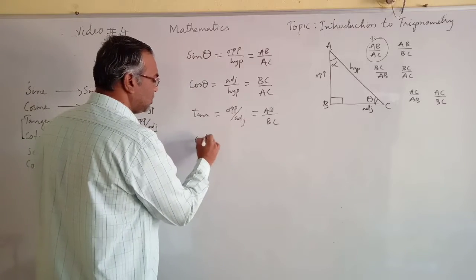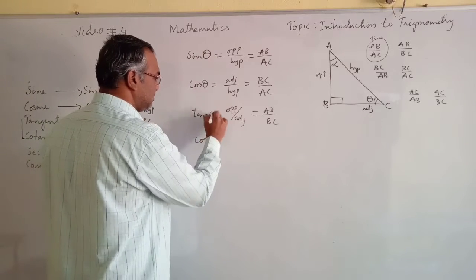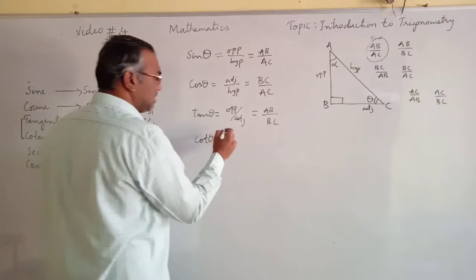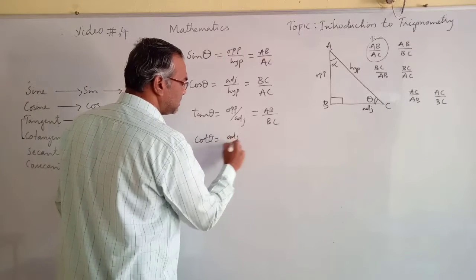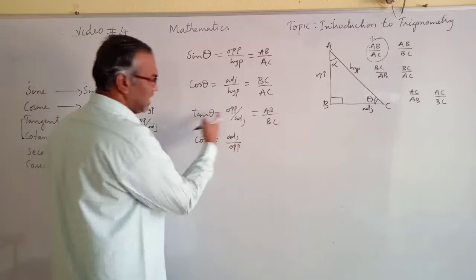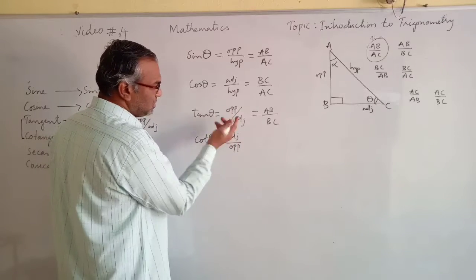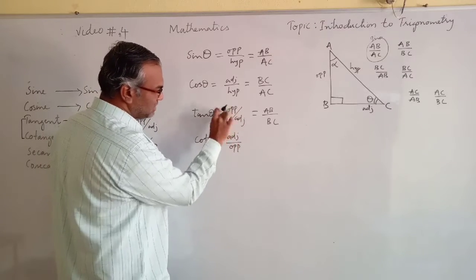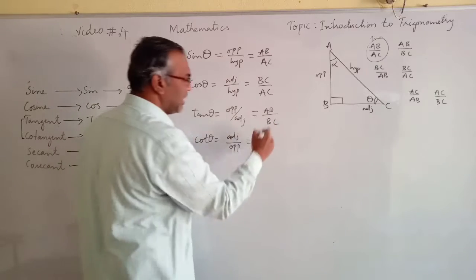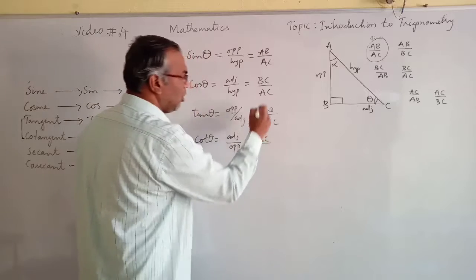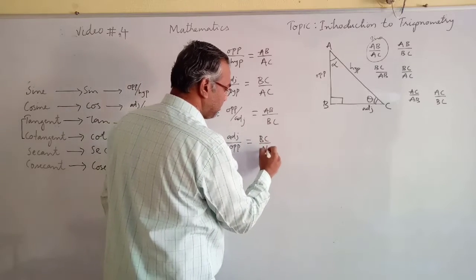Cot theta, sorry, angle theta. Cot is adjacent divided by opposite, that is the reciprocal of tan, which is opposite by adjacent. Here adjacent is BC and opposite is AB.